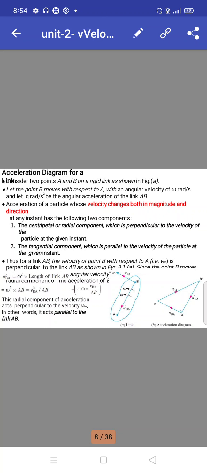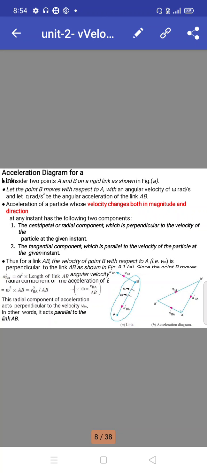The acceleration of a particle whose velocity changes both in magnitude and direction at any instant has the following two components: the centripetal or radial component, which is perpendicular to the velocity of the particle at the given instant, and the tangential component, which is parallel to the velocity of the particle at the given instant.